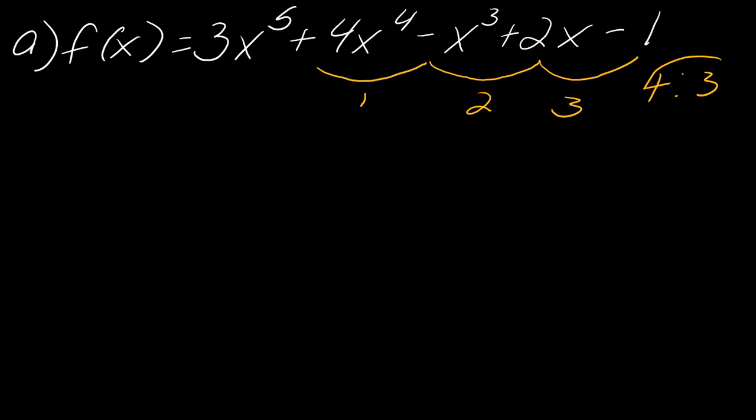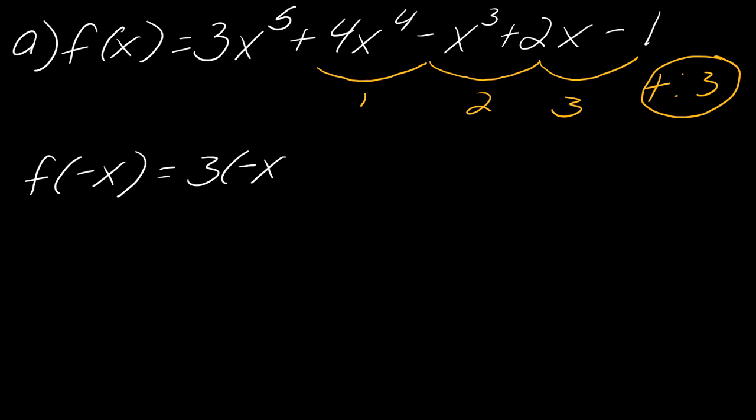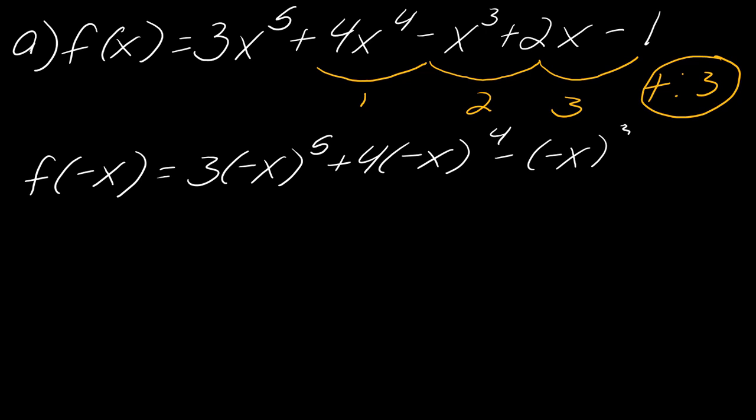That is the maximum number of possible positive real zeros. Now the second test. For this one, I plug in negative x, and what you're doing is determining what happens to the signs when I plug in negative x.